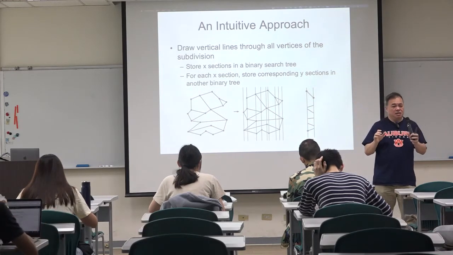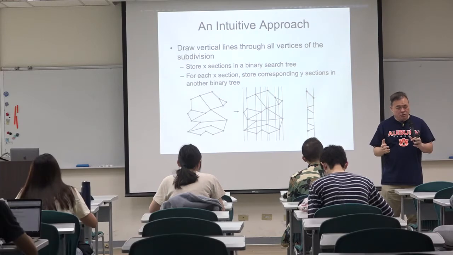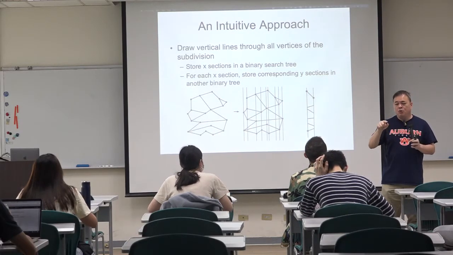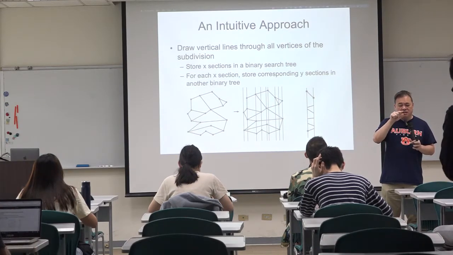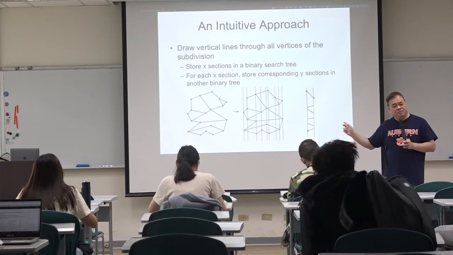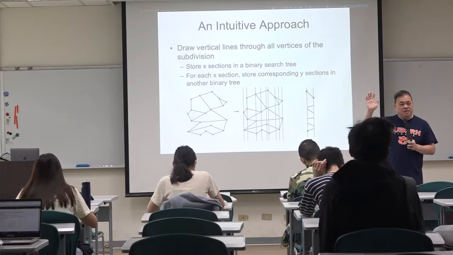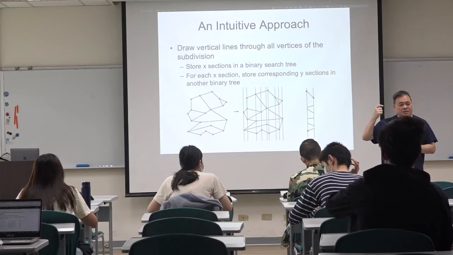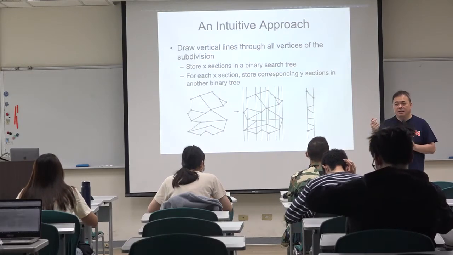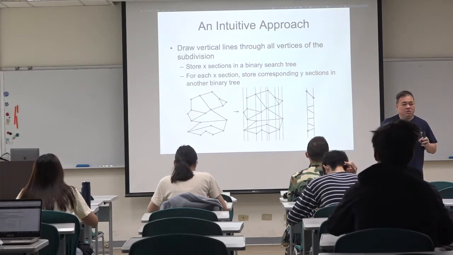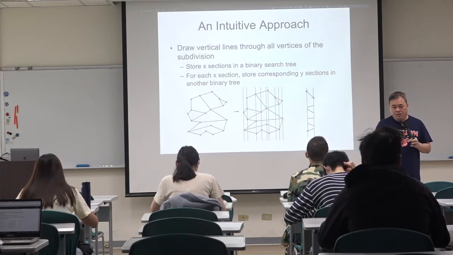So you can easily construct a binary search tree such that when you are given a query point, you can use the x coordinate of your query point and this binary search tree to easily find the slab that contains that point. It's basically just a binary search tree, very simple. So far so good?